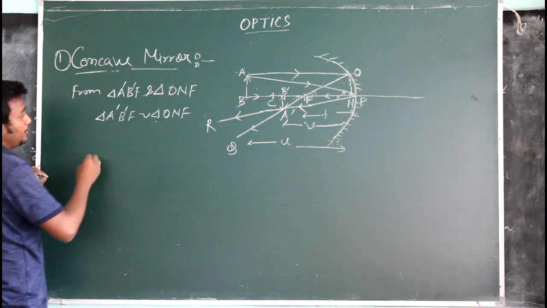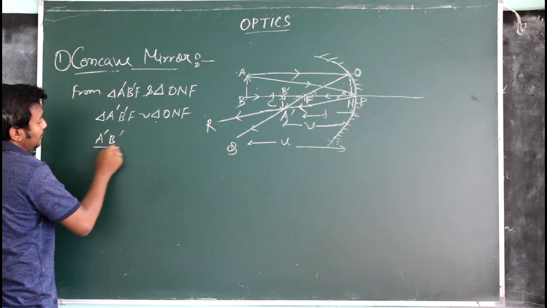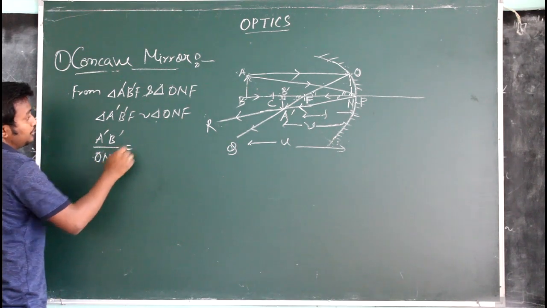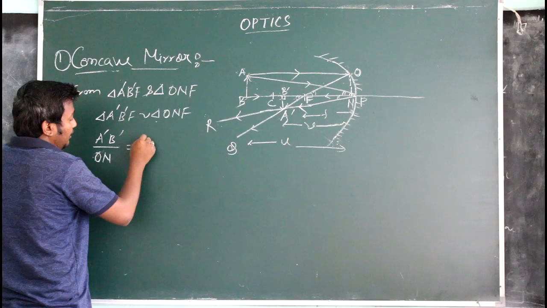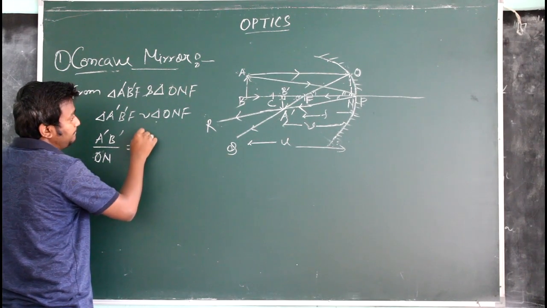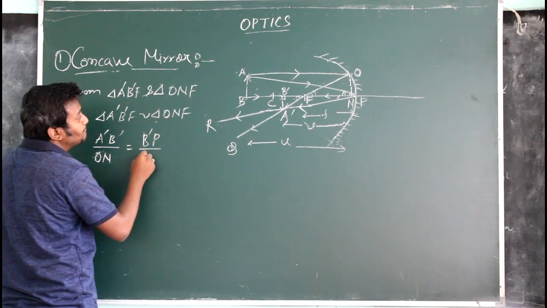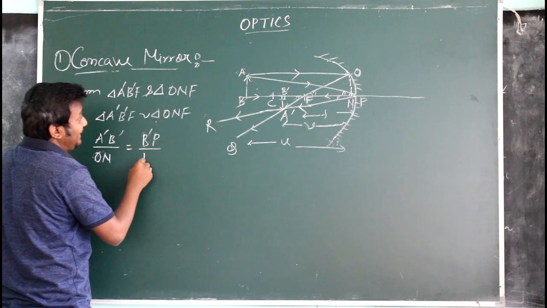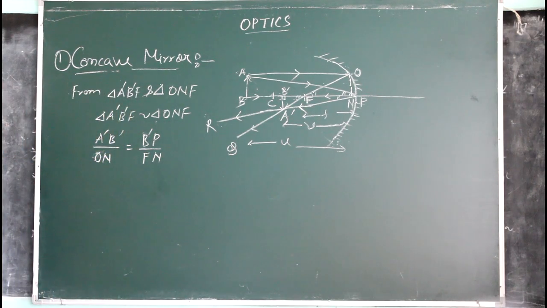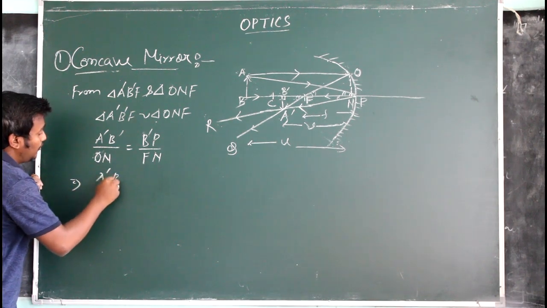If these two triangles are similar, we can write A dash B dash by ON equals B dash F by FN.